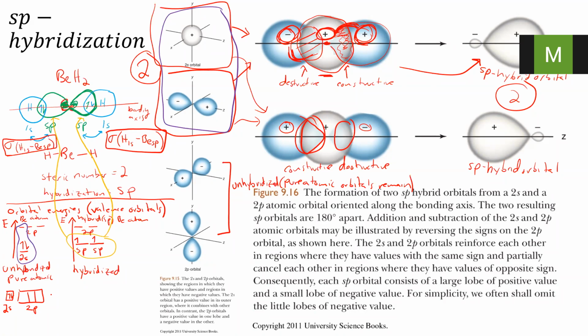When those are pure atomic orbitals, they look like that. When they hybridize, they give us these 2 sp orbitals, and we have the remaining 2p orbitals that are unhybridized. Each of those sp orbitals looks like that.